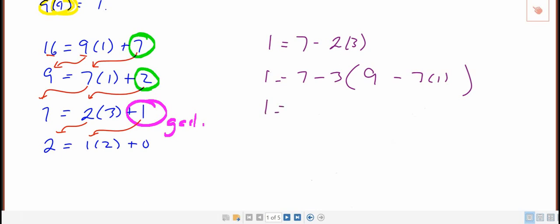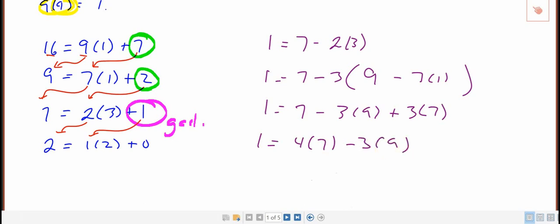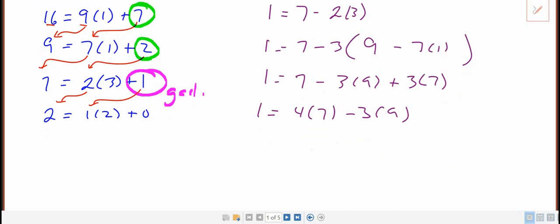So that would be 7 minus 3 times 9 plus 3 times 7. So that's 3 times 9. Okay. Now the 7, you make the substitution for 16 minus 9 times 1.